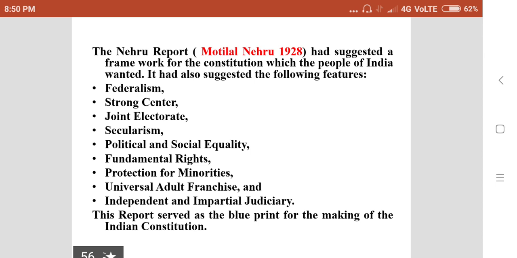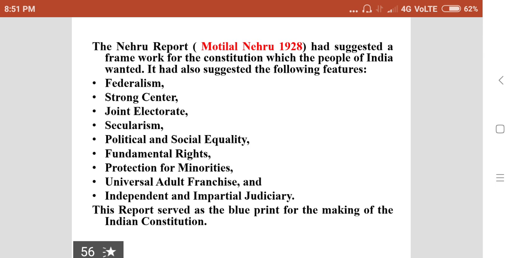So this report served as the blueprint for the making of the Indian Constitution. So these are the features included in the Nehru report. So this is also one of the sources of the Constitution of India, the Nehru report.